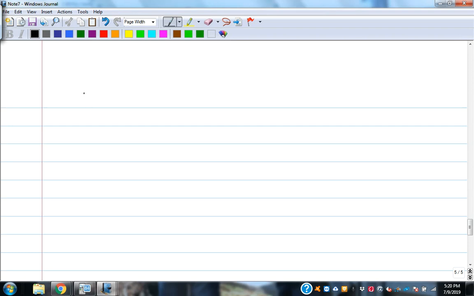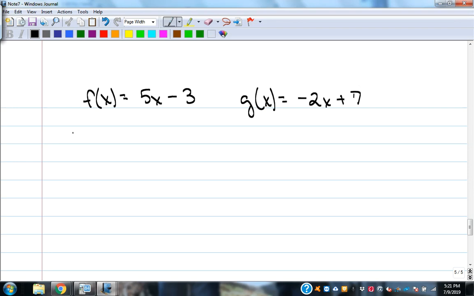All right, so let's take f of x is equal to 5x minus 3, and g of x is equal to negative 2x plus 7, something like that. Just simple functions to deal with. And they want us to find f plus g of 2.